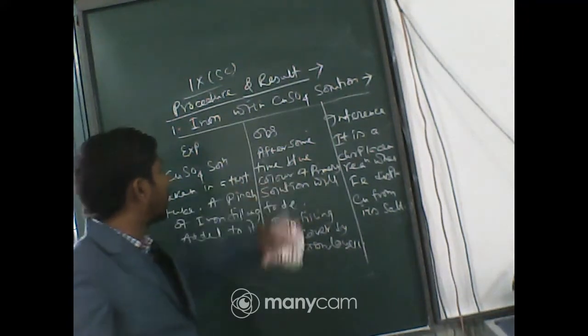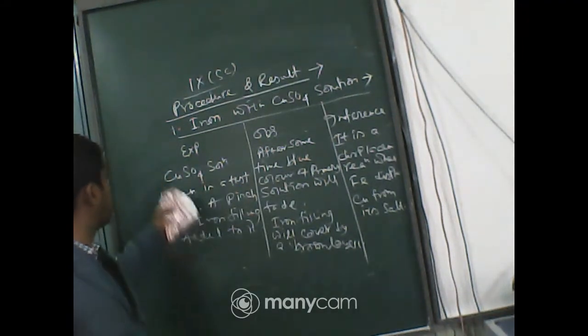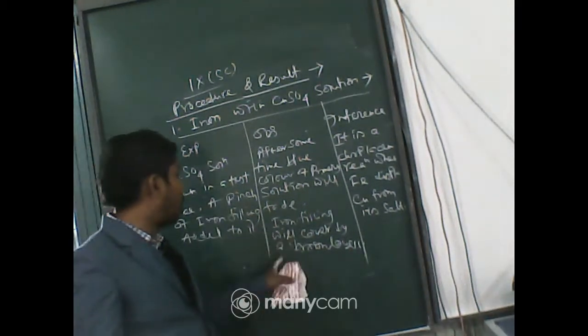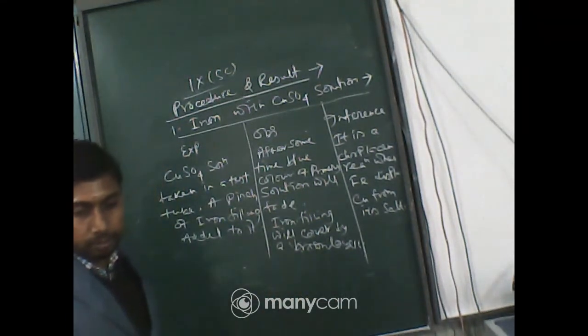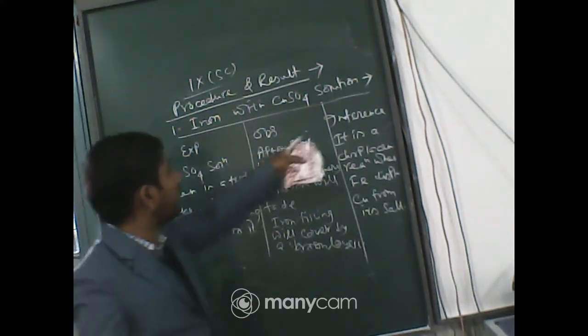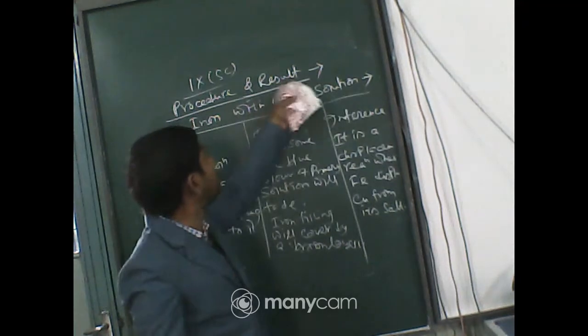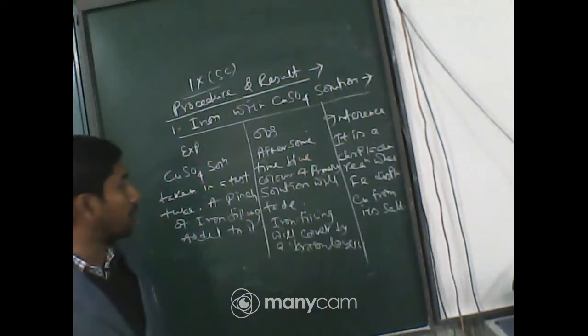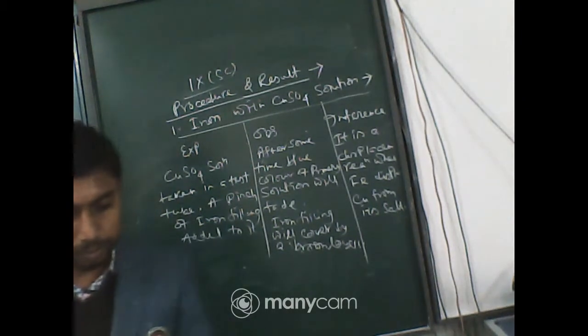Observation: after some time the blue color of the primary solution, that is the copper sulphate solution, will fade. Iron filling will be covered by a brown layer. This is observation, and the inference is part of the result. It is a displacement reaction where iron displaces copper from its salt.